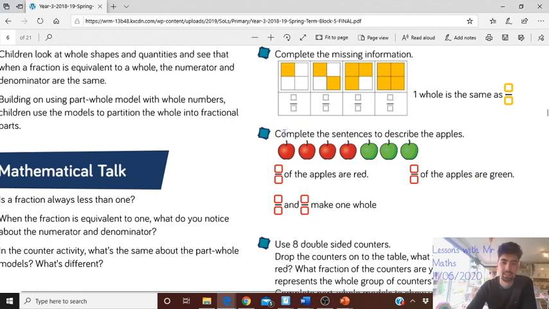So your whole here is all the apples together. So even though there's lots of individual apples, all of them together is your whole. And how many parts there are, how many equal parts, that's your denominator. So there are 1, 2, 3, 4, 5, 6, 7.